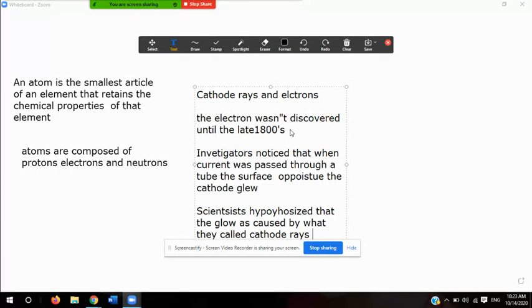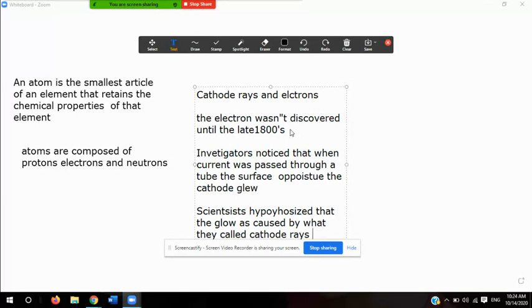So basically, they noticed that when they pass electricity through a certain tube, it caused the opposite side of that tube to glow, and they hypothesized that that ray had to be called a cathode ray.